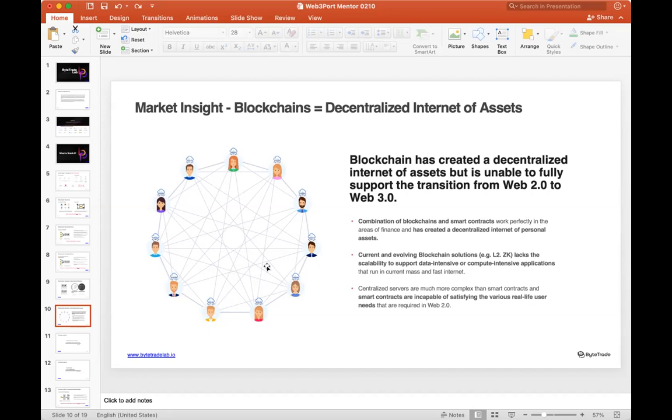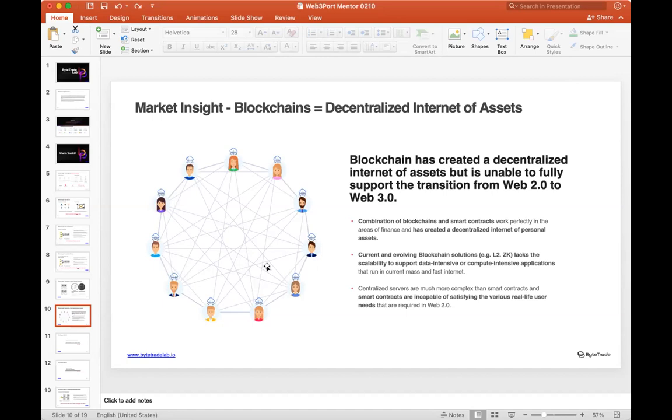There are two main aspects to it. One is that although there is a lot of development in blockchains, such as layer 2, layer 3, layer 4, or ZK rollup, we can see that it's still less likely to support the application level of data being owned by the users.